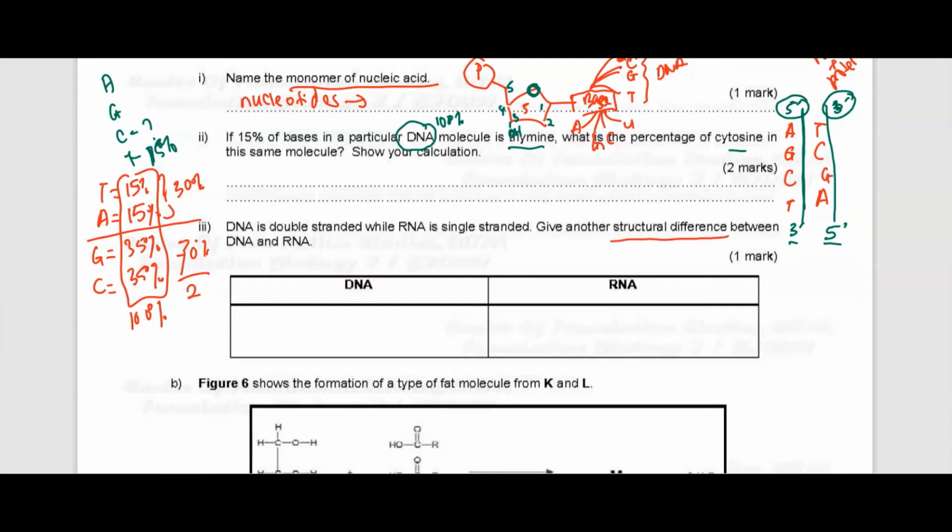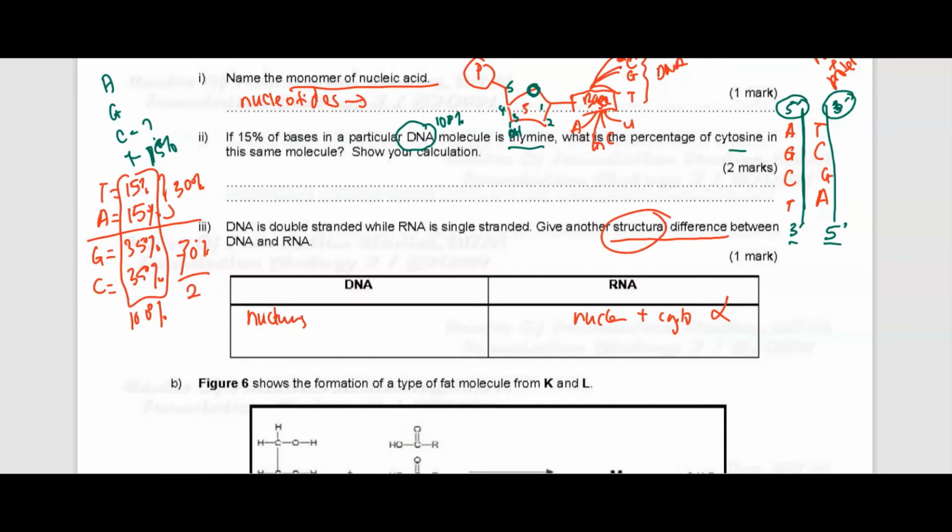So please highlight this. For example, if you were to answer that DNA is found in the nucleus, RNA is found in both nucleus and also cytoplasm, your facts are correct, but you are not answering the question, so your answer will be wrong. So you have to really take note.